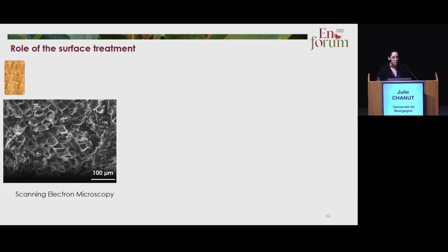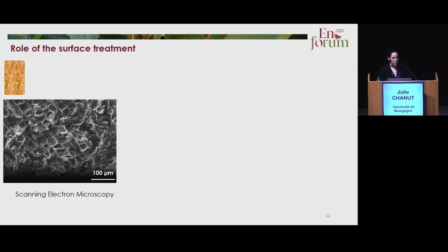To conclude, we focused on surface treatment. We made additional analysis and performed also observations with scanning electron microscopy.